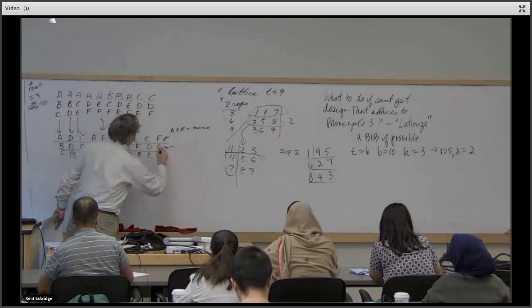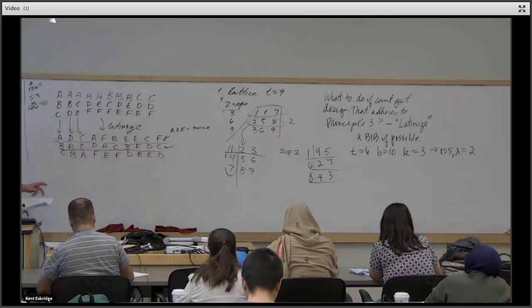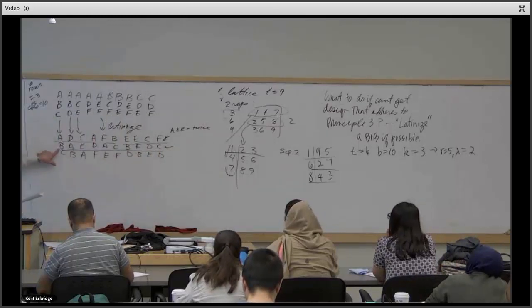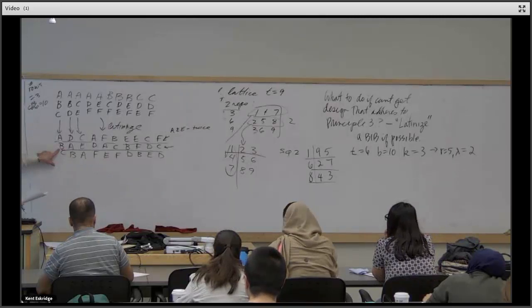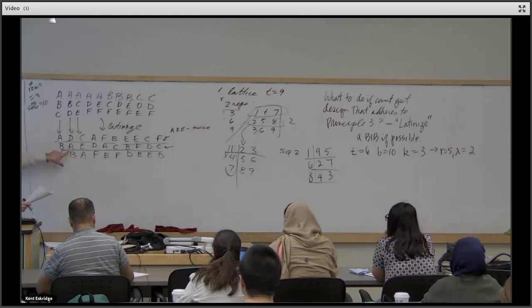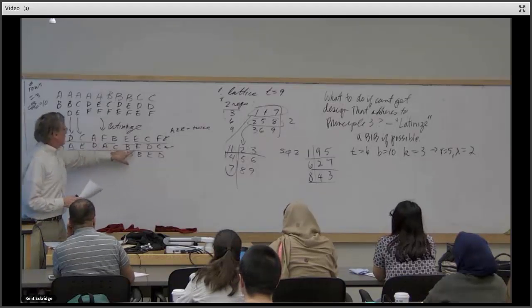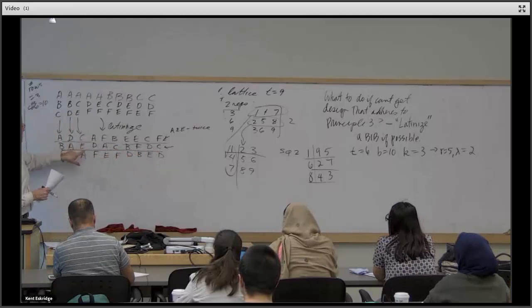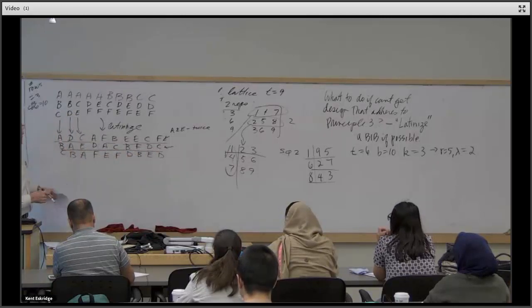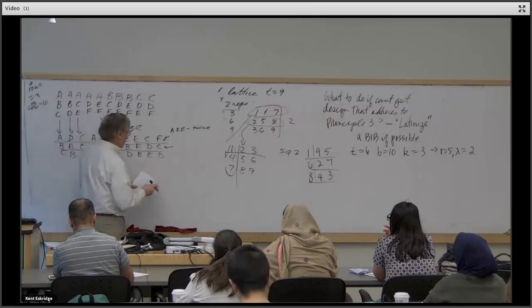Well, I want to get some other pairs that show up twice. Which ones show up twice here now? B, C, and D. So there's 4 of them, right? Show up twice, right? Okay, I think that's right.